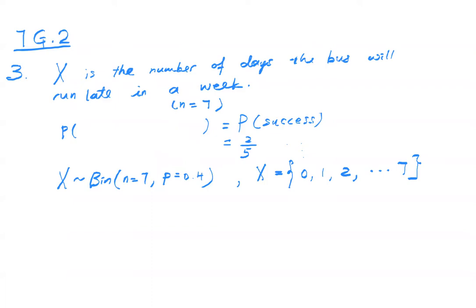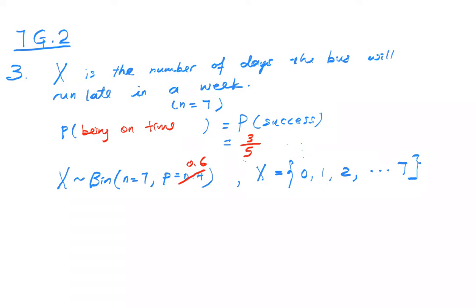Being on time. So I change it to being on time. Is my probability correct? Wrong. Nothing wrong, you read wrongly, you change, it's fine. 3 over 5, so change to 0.6. That's why it's good to read through the whole thing first.